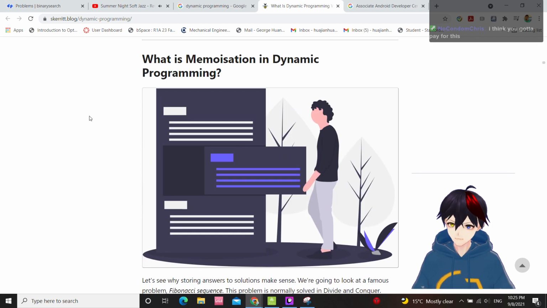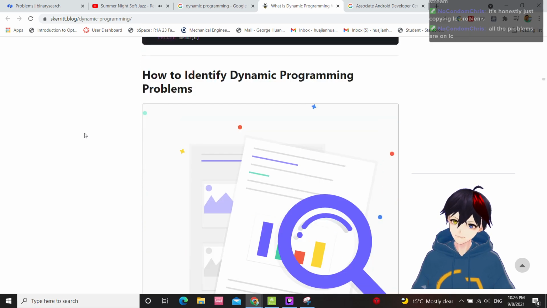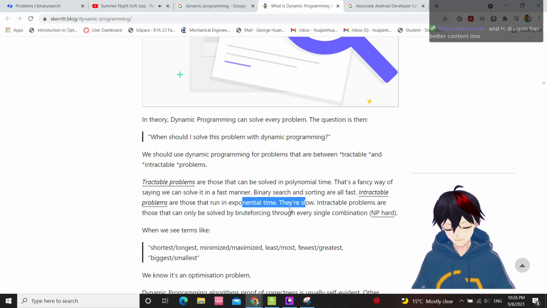Memoization, top to bottom, recursive calls from the biggest solution first, then eventually populates the array, then look it up in the array to see if it exists or hash map. Next would be tractable. Exponential times.